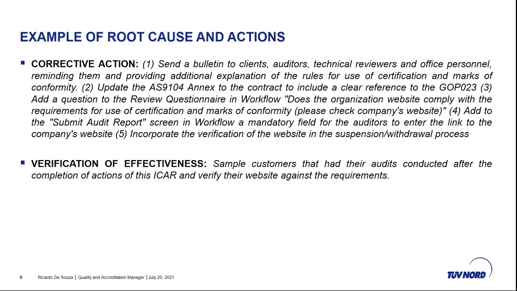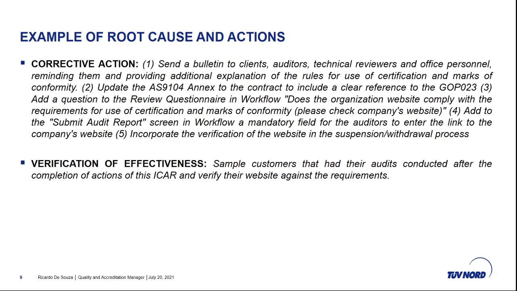I'm going to show you later where we upload bulletins in workflow. Okay. The second action, update the AS9104 annex to the contract to include a clear reference to the GOP 023. So I'm updating the contract.